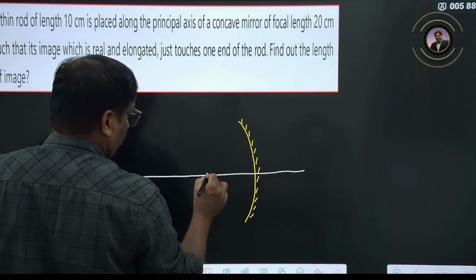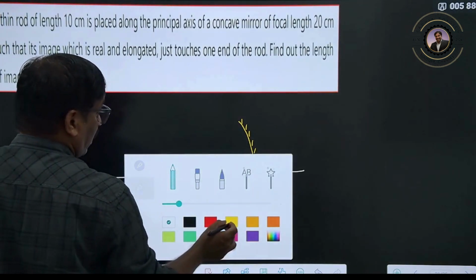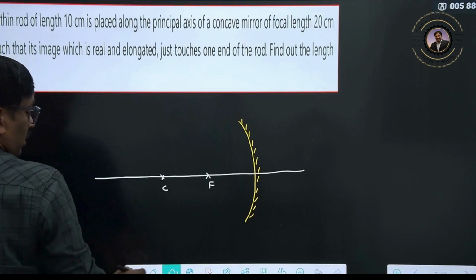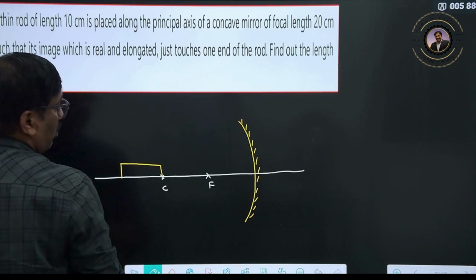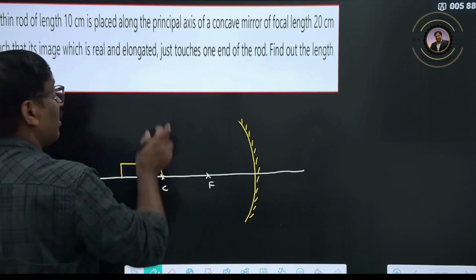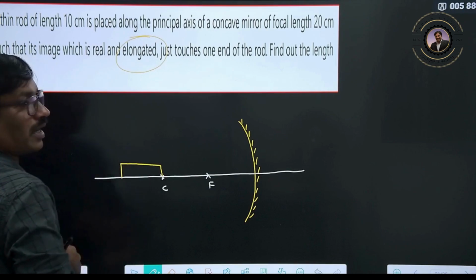So this is your focus, and this should be your center of curvature. Elongated means the size is getting bigger. Suppose if the rod were placed like this, the image would be smaller. But here he told that it is elongated, therefore the rod is not like this.